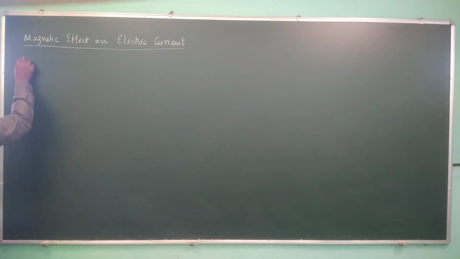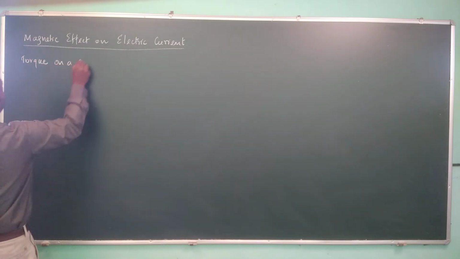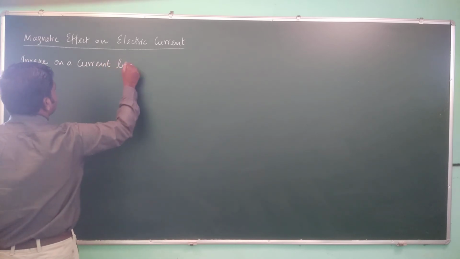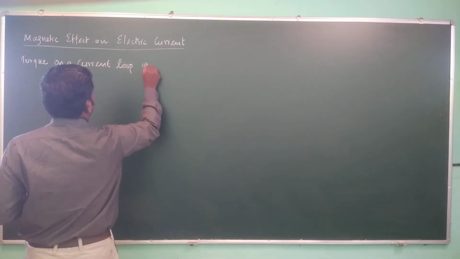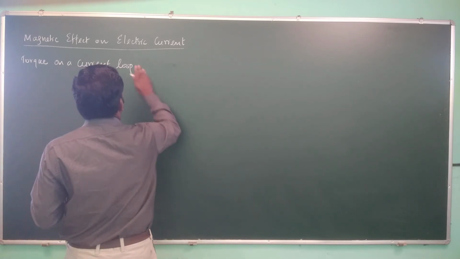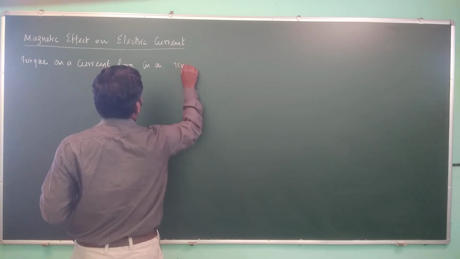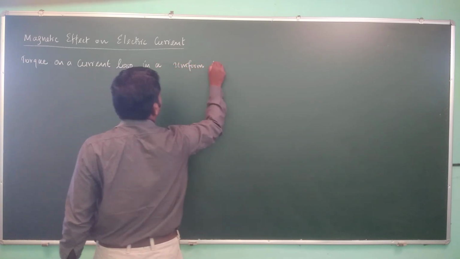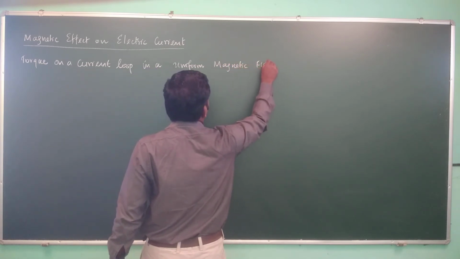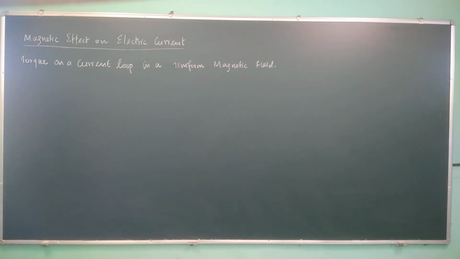So, torque on a current loop in a uniform magnetic field.